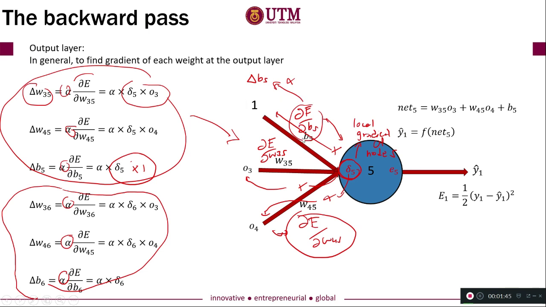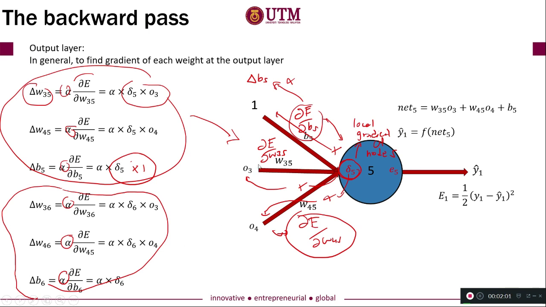If you talk about B5, this one multiplies with this one. If you talk about W35, this one multiplies with this one to find del E over del W35. You can repeat the same process for neuron number 6, which produces this expression as well.